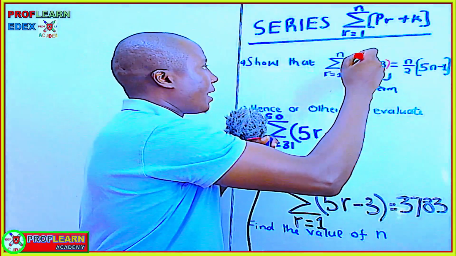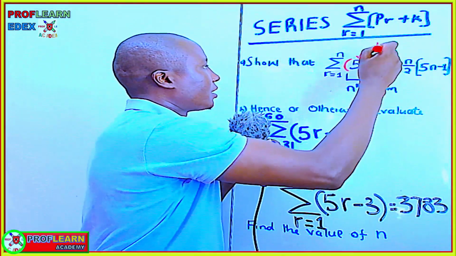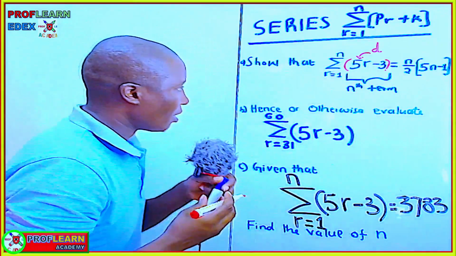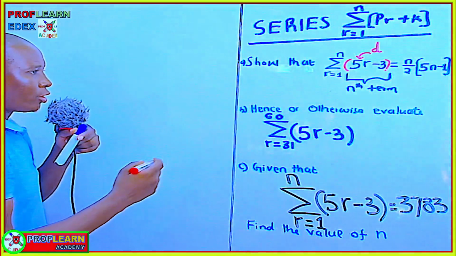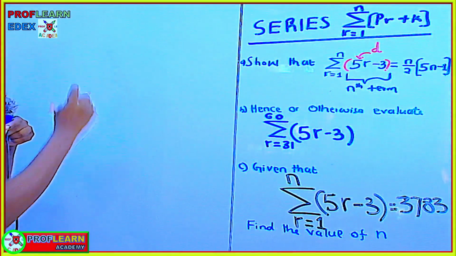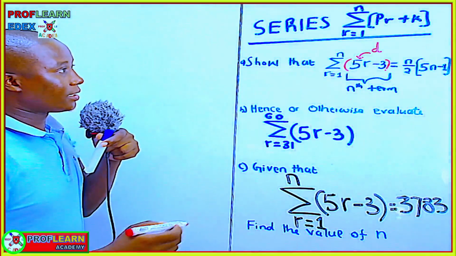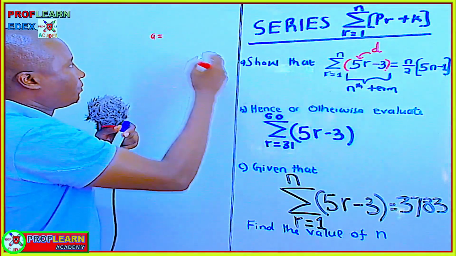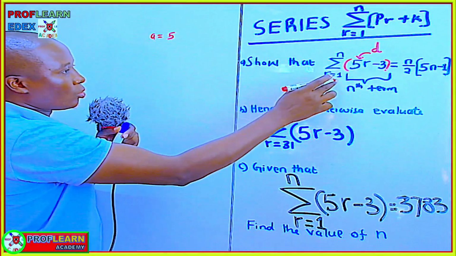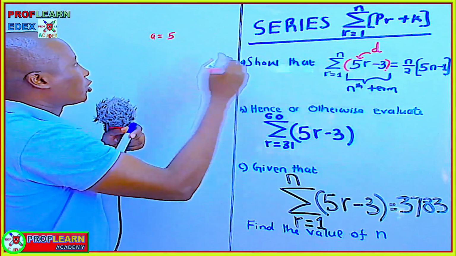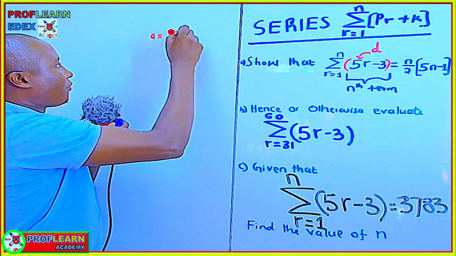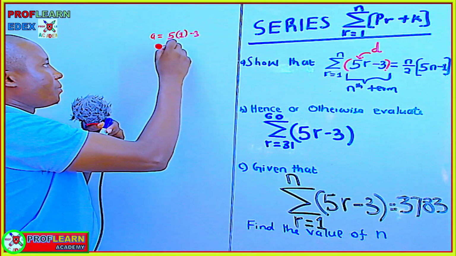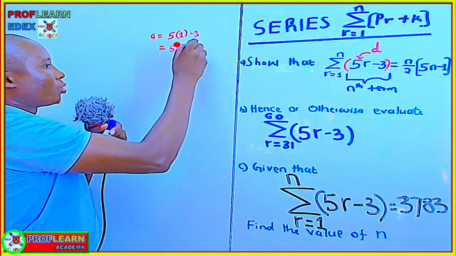And whatever we are having at this point is the common difference of an arithmetic series. So, in order to prove this, we shall now find our first term. In this case, our first term A is going to be, when n is 1, 5 into 1 minus 3, and that is 5 minus 3, which is equal to 2.